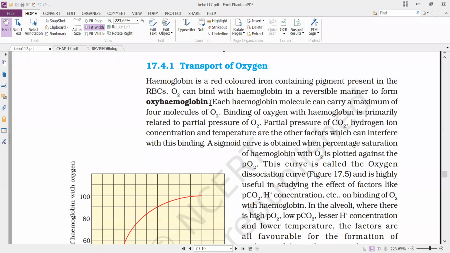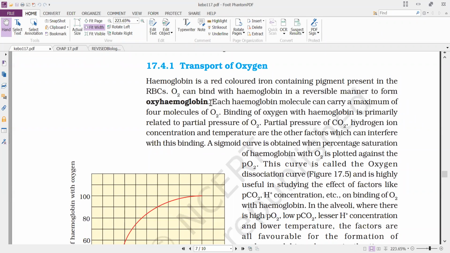In the lung region, the partial pressure of oxygen is 109 and the partial pressure of carbon dioxide is only 40. That high difference in partial pressure between carbon dioxide and oxygen is maintained so that the oxygen can easily bind with the hemoglobin and get transported to different parts of the body.